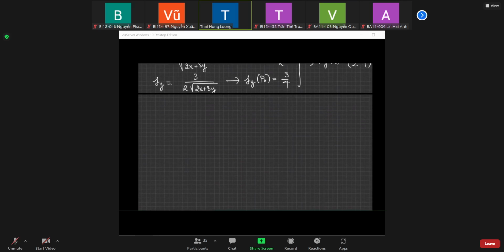Now let's take a look at problem 5, where we need to find the directional derivative. We are given a two variable function g of this form, a given point p0, and furthermore we have a vector u.